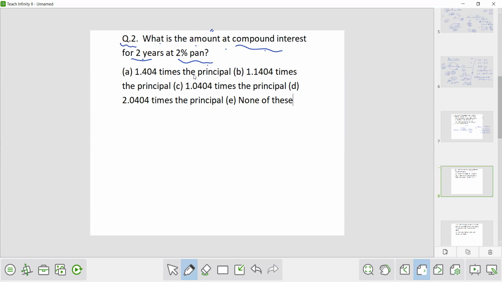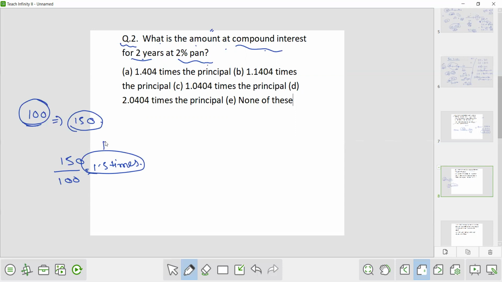Achha, so in times basis means if your principal is 100 rupees and your amount is 150 rupees, so this amount is how much times of this principal? Means 150 upon 100, that is 1.5 times.